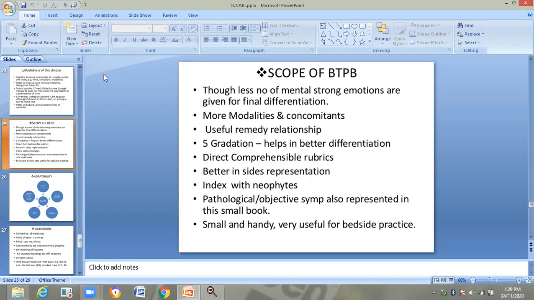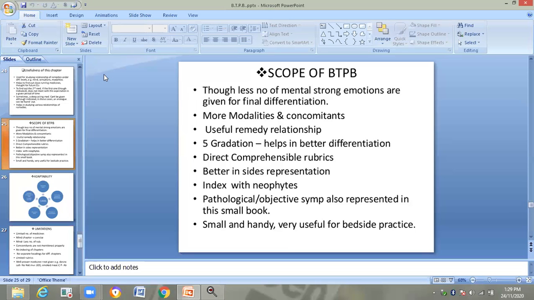But for the final selection of the remedy, during final differentiation, these mental symptoms as well as symptoms related to emotions are useful.